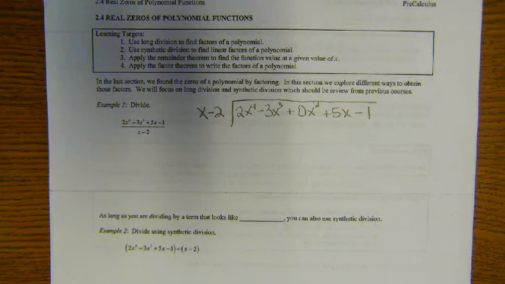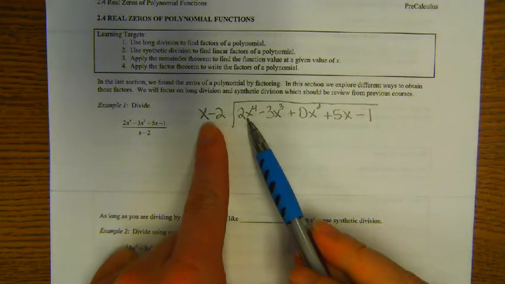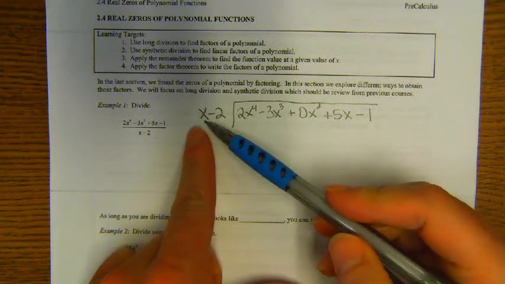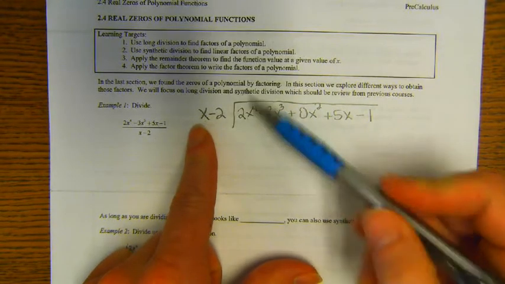where really we take a look at the first terms and we divide them. 2x to the fourth divided by x. Or you can ask yourself, x times what gives me 2x to the fourth?